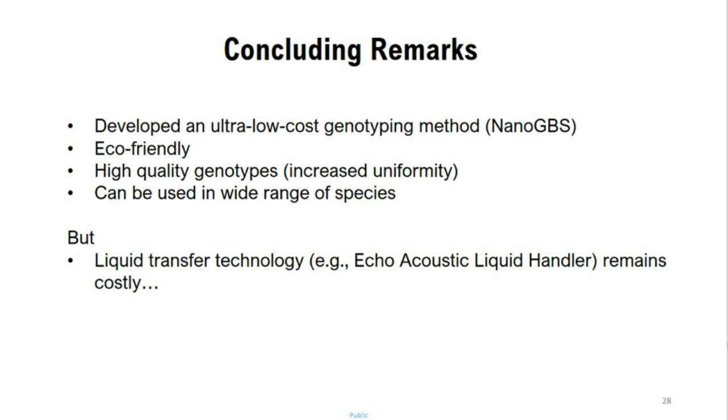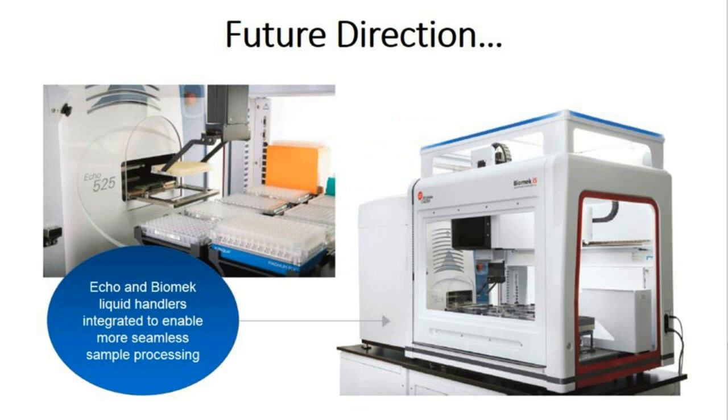Our future direction is to automate our library preparation protocols more. We might integrate different Biomek liquid handlers and robotic systems to be able to automate our processing more and, again, to save time during the work.